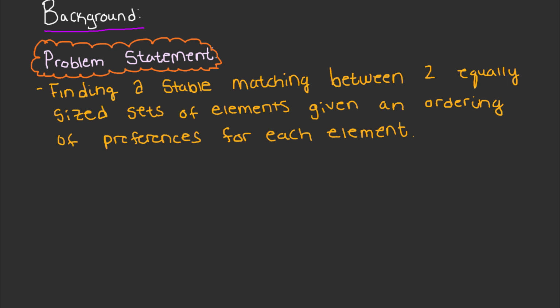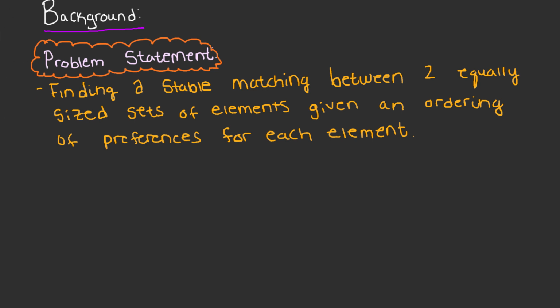The reason that it's called the stable marriage problem is because it's typically metaphorically represented by two sets of men and women, in which you find the most stable preference combination between the proposals of men to women in two sets. The problem statement defines the problem as finding a stable matching between two equally sized sets of elements given an ordering of preferences for each element.